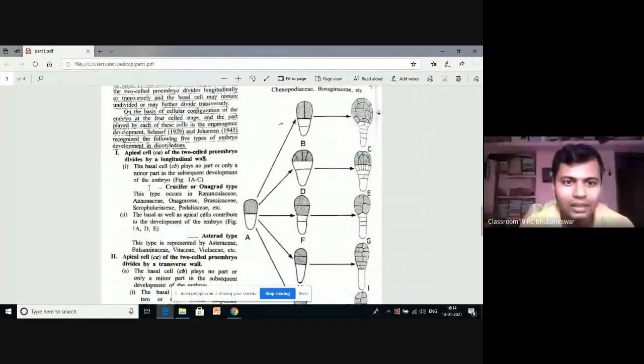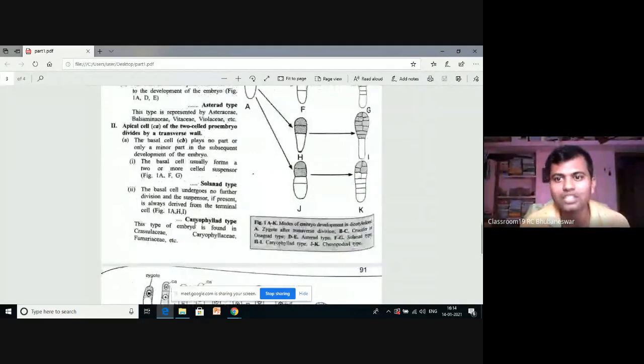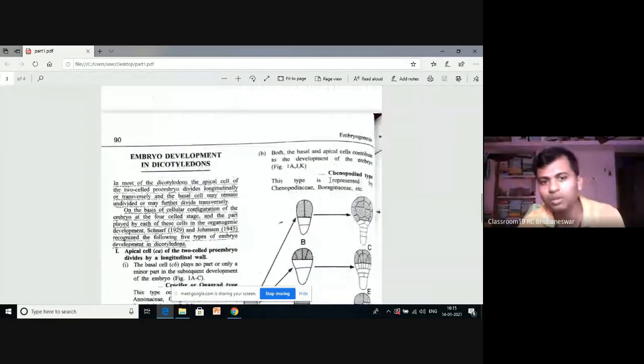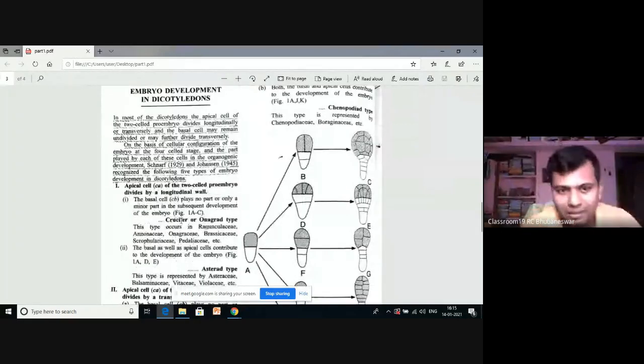There are the following types of embryo development: the crucifer type, Asterad type, Solanad type, Caryophyllad type, and the Chenopodiad type. All are types of embryo found in various plant families. Crucifer means of Cruciferae or Brassicaceae, and the crucifer type of embryo development is found in cabbage, mustard, etc. Asterad type, Asteraceae. Solanad type, Solanaceae.